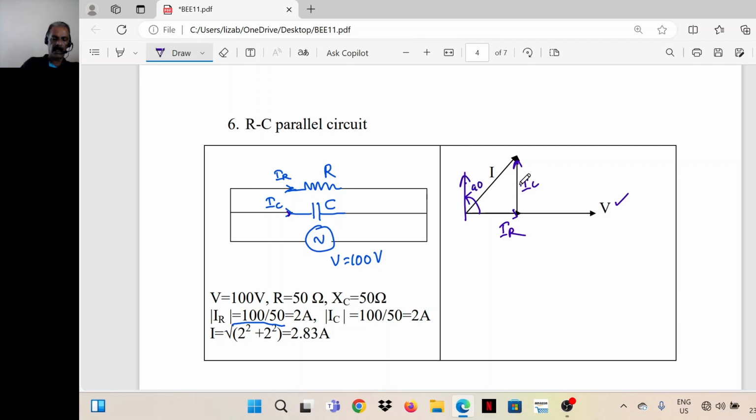Same phasor I am marking it here. In this case also the same reactance values are taken. So this is 2 ampere, 2 ampere, this is 2.83 ampere, root 8, this is 45 degrees. So IC in this case, the current through the capacitor is leading. So the net current will come here. So I leads the voltage by an angle of 45 degrees.